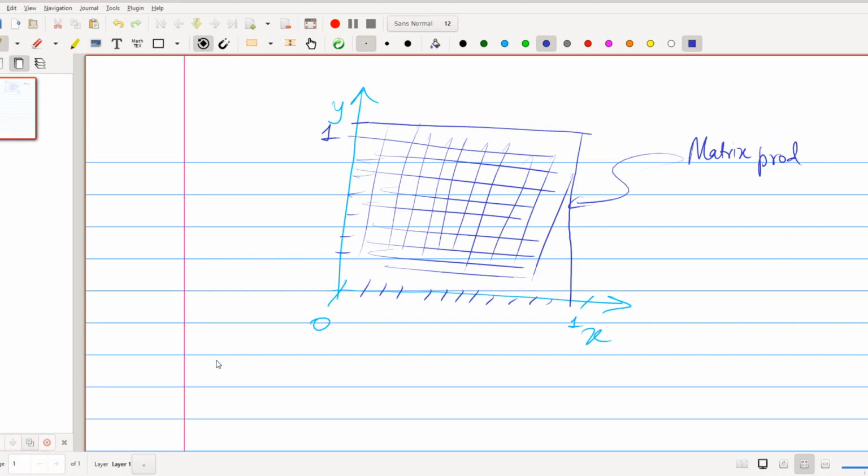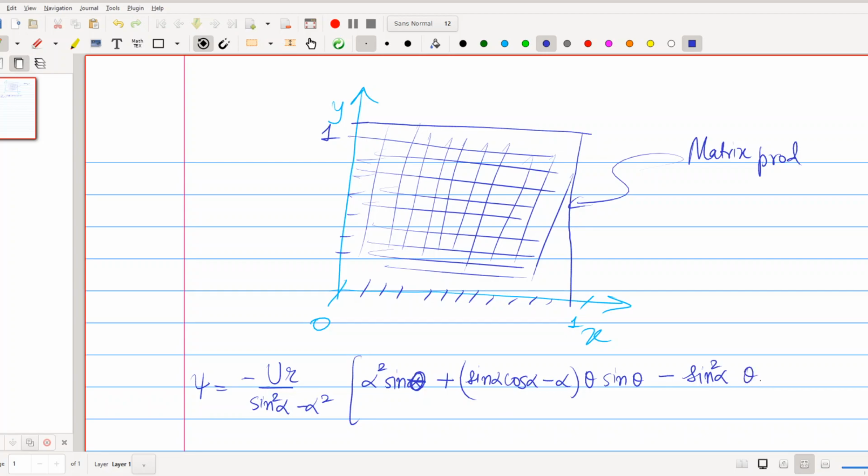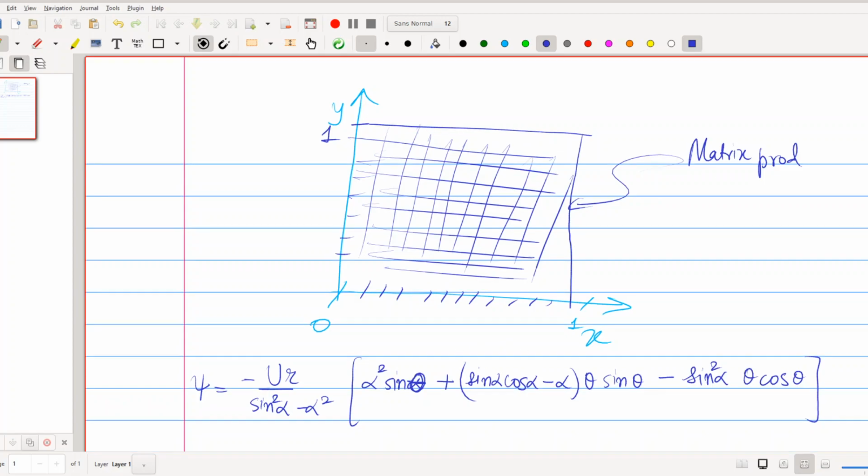The solution looked something like psi equal to minus U r by sine square alpha minus alpha square times alpha square sine theta plus sine alpha cos alpha minus alpha times theta sine theta minus sine square alpha theta cos theta. So this was the solution, and this is sort of the solution which is valid.